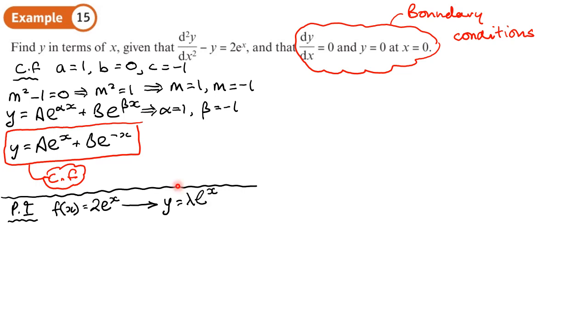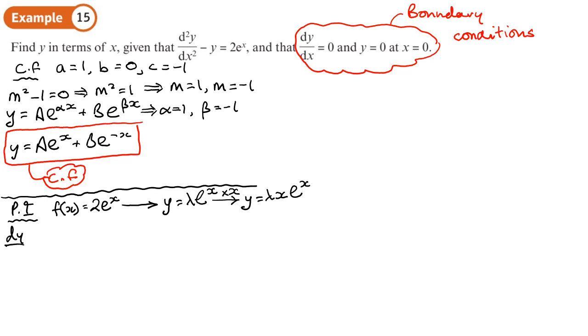But if we have a look, a term like this occurs in our complementary function. A constant times e to the x, a constant times e to the x. So we can't use that. We've actually got to multiply it by x and use this particular integral. So y equals lambda x e to the x. So that's what we have for y.